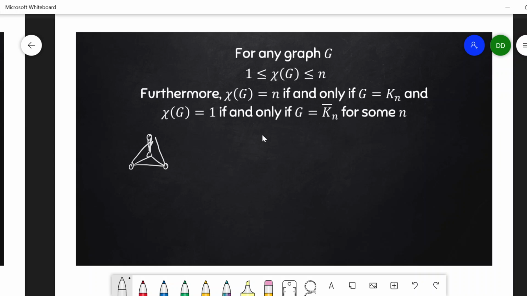And this is an if and only if, right? So clearly that way works. Sorry, the chromatic number of Kn is equal to n. So certainly that's true.